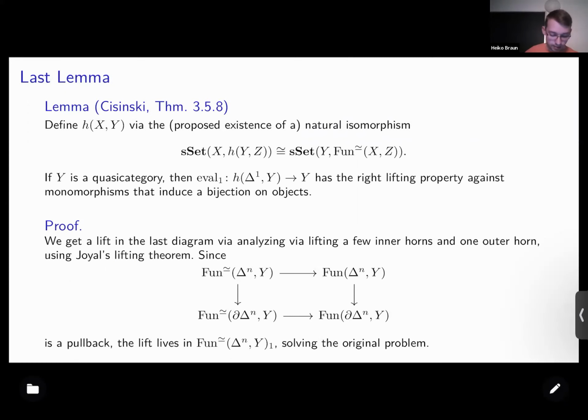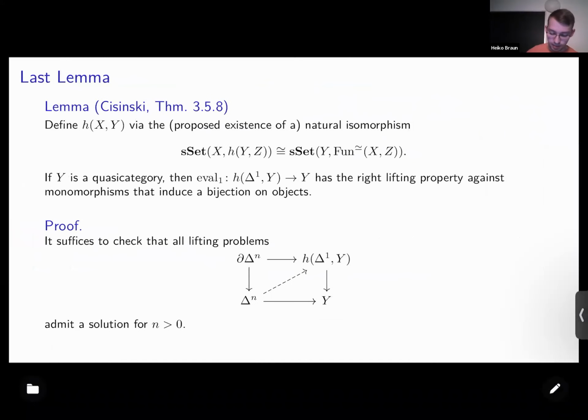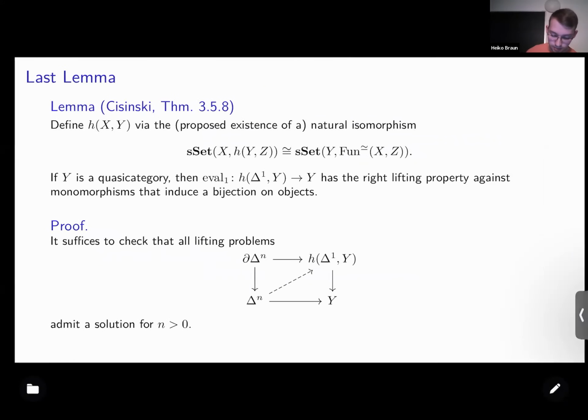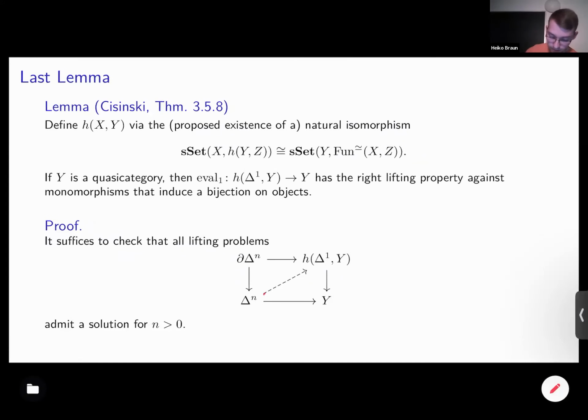And to check that this simplex lives in here, so this actually goes through the h of something, of Δ¹ to y, we can equivalently consider this in here.